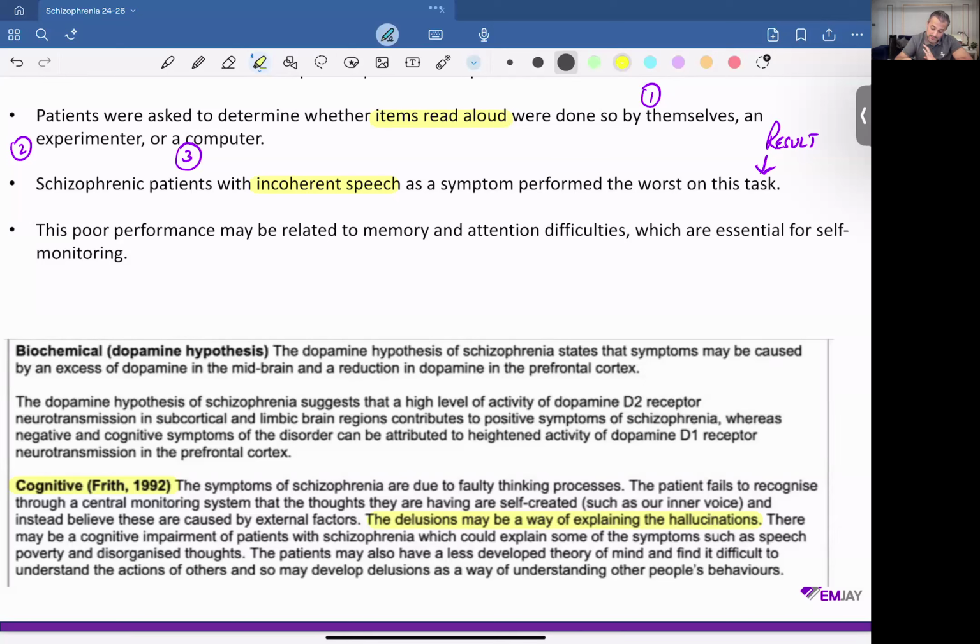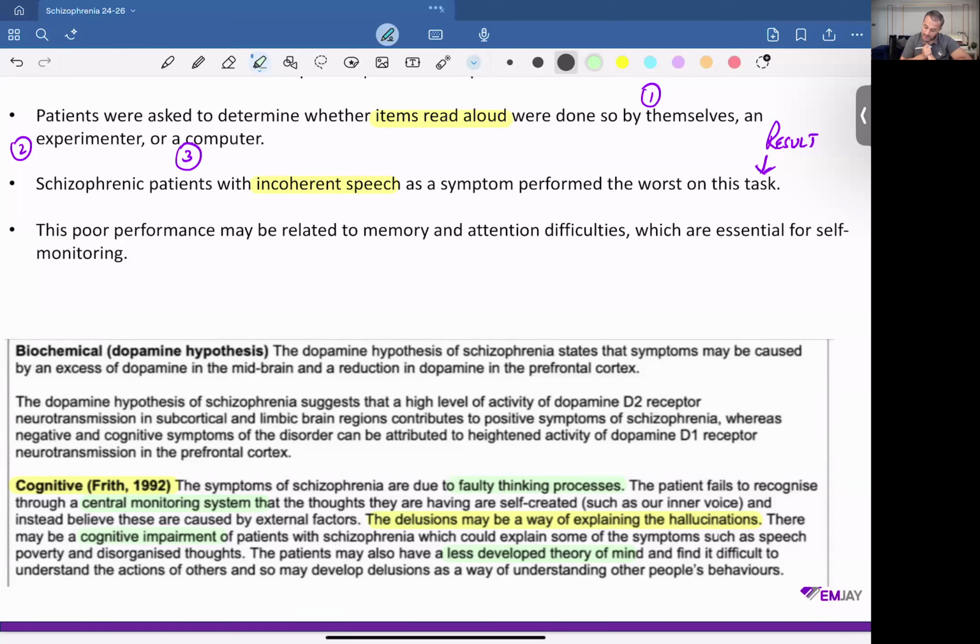There may be a cognitive impairment in patients with schizophrenia, which could explain some of the symptoms such as speech poverty and disorganized thoughts. The patients may also have a less developed theory of mind. Again, I'll just highlight this with green: less developed theory of mind, central monitoring issues, faulty thinking processes, cognitive impairment.